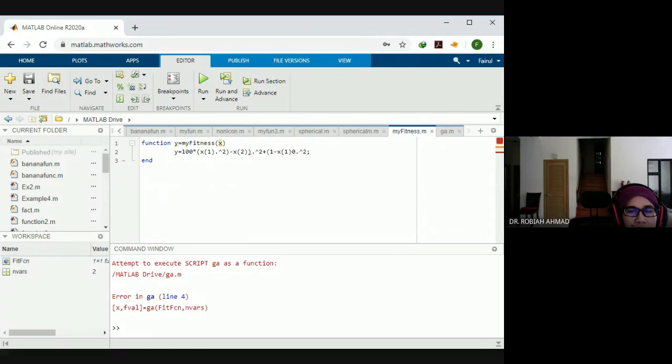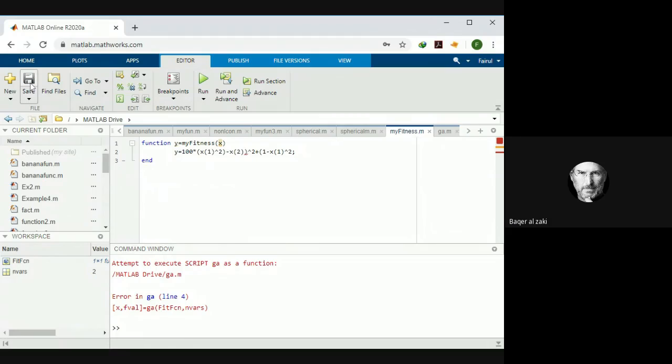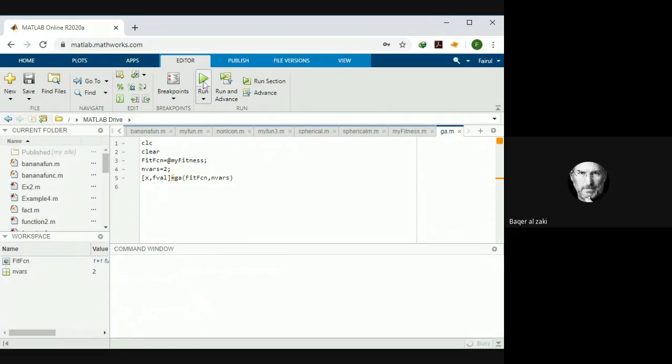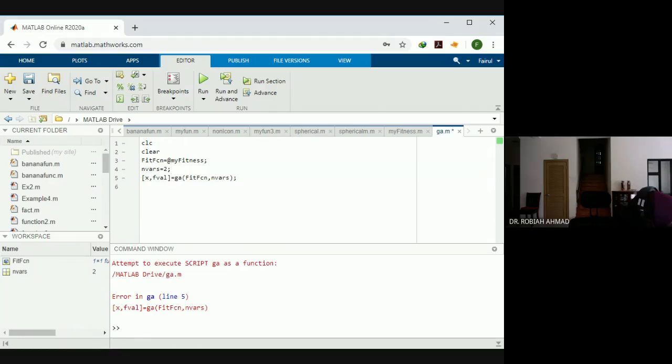You should remove the dot. Zero, that one zero. Why zero? Yeah, wrong. Yeah, I think now. What is the problem? Okay, hold on. Let me look at it.